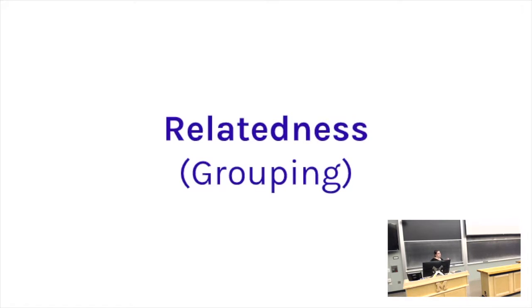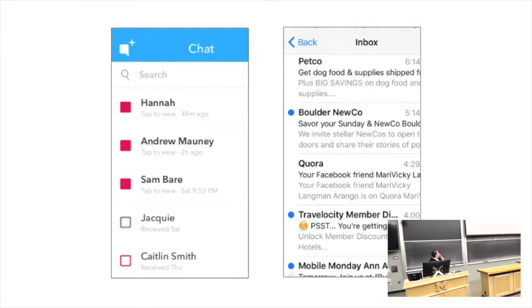So color can also be used to relate or group related items. Going back to the Snapchat example and the email app example on iPhone, what do you guys notice? You guys should probably know this, right? Because you use Snapchat. What does that pink solid color represent in Snapchat? Unread, okay.